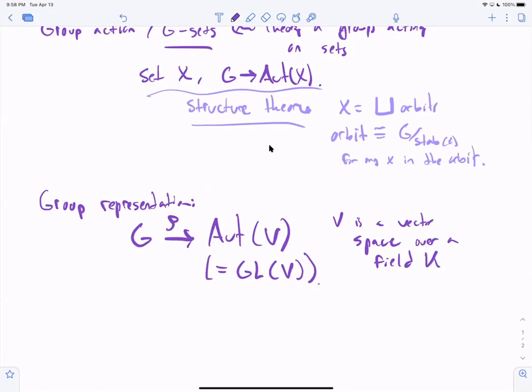This is just a generalization of the notation where you don't fix a basis for your vector space.